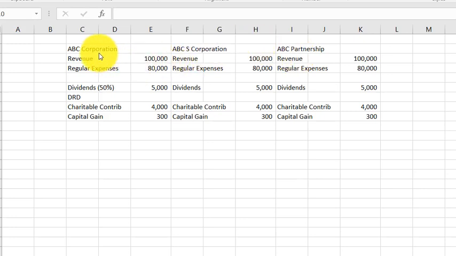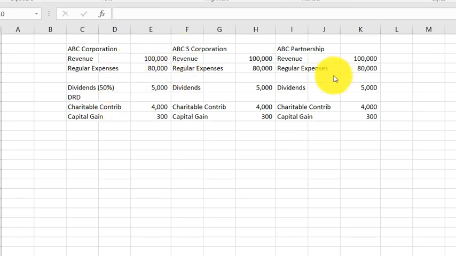So the corporation is harder, especially if a shareholder joins later. They may not fit the 80% criteria. So it's a little easier, and you'll see in general, partnerships are more flexible. LLCs are more flexible than corporations in almost every aspect of accounting and taxation.